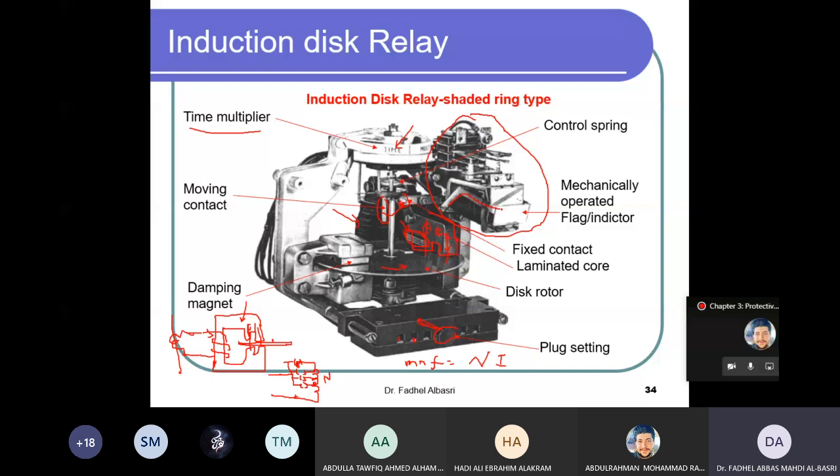This is the hinge that moves. Once this is attracted, this flag will go down and show a red sign indicating that this relay has tripped. And these are the contacts, some normally open, some normally closed, so you can have multiple contact outputs from this relay.